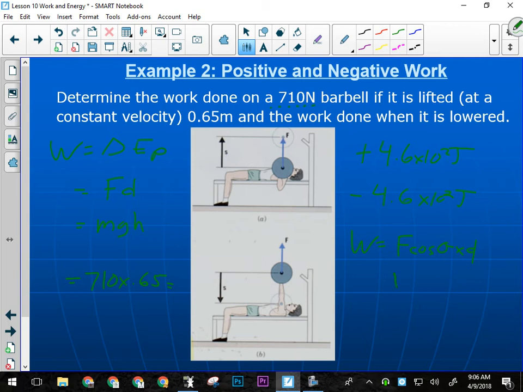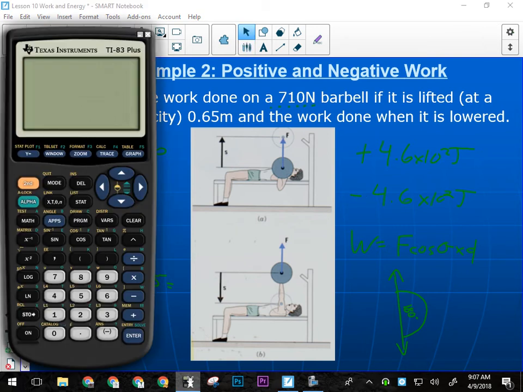If I'm looking at the trajectory of the barbell here, that way's up. This is 180 degrees if I'm lowering it back down. So what's the cos of 180 on your calculator? Nope, not of 18, 180. -1.